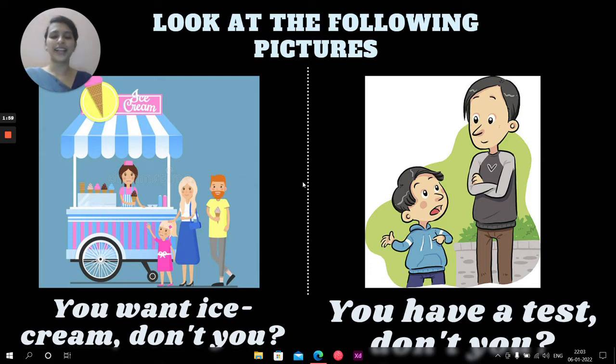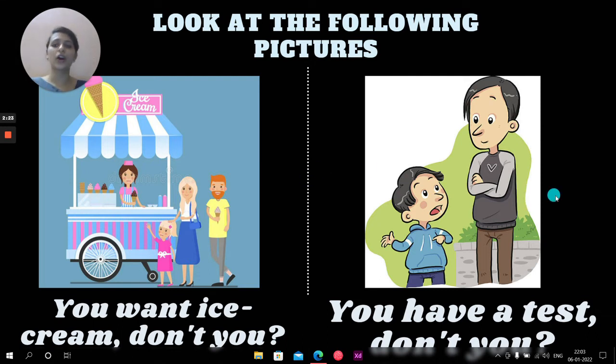Now look at the second picture. The father is looking at the child with concern, folding his hands and saying, you have a test, don't you? You have a test is a statement. Don't you is a question tag.